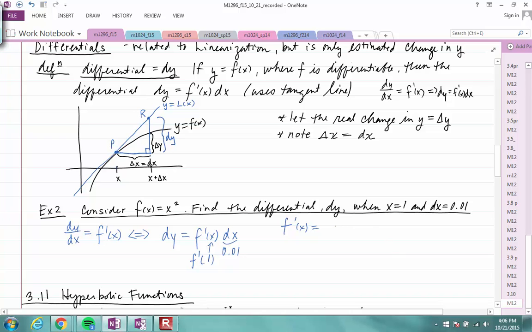The derivative here is also very easy, 2x. And f prime of 1 is very easy, 2 times 1. So finally, just put this together: dy is 2 times 0.01. So dy at x equals 1 with a dx of 0.01 is simply 0.02.